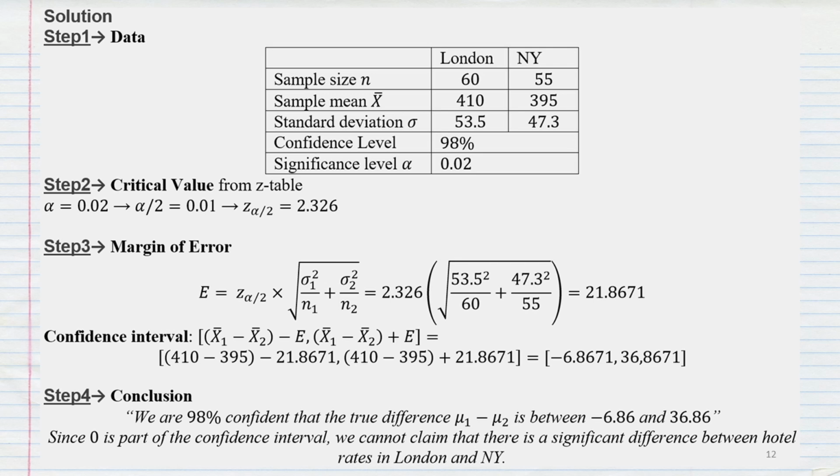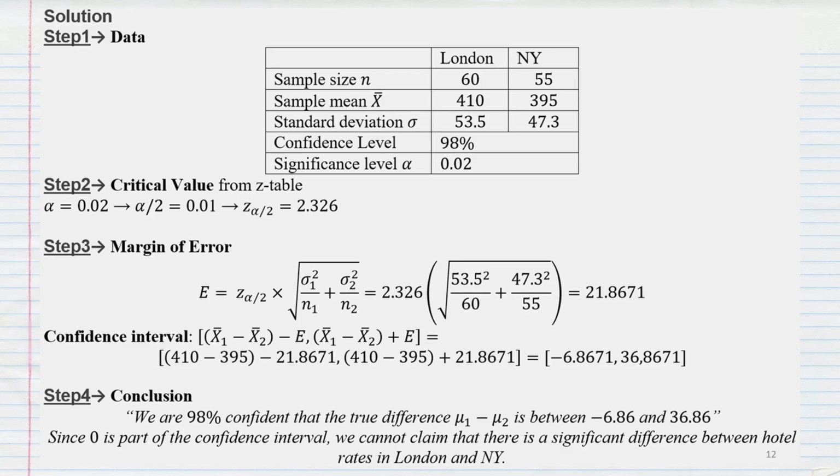Therefore, the confidence interval is between negative 6.8671 and 36.8671. Finally, draw a conclusion. We are 98% confident that the true difference, mu1 minus mu2, is between negative 6.86 and 36.86.